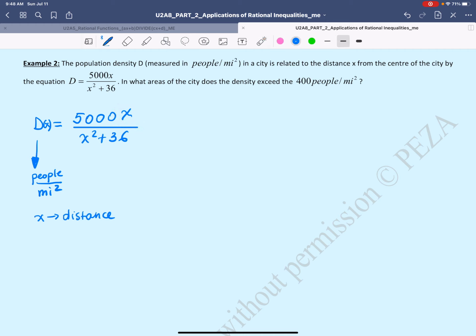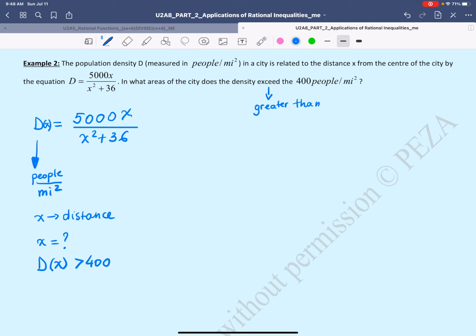So we need to know the intervals of x values where the population density, or d of x, is bigger than 400 people per mile squared. Remember, the word exceed means greater than.